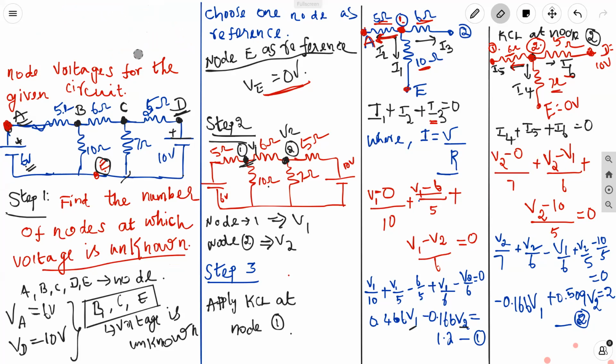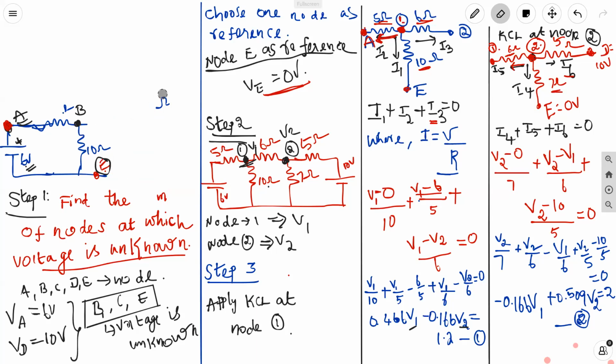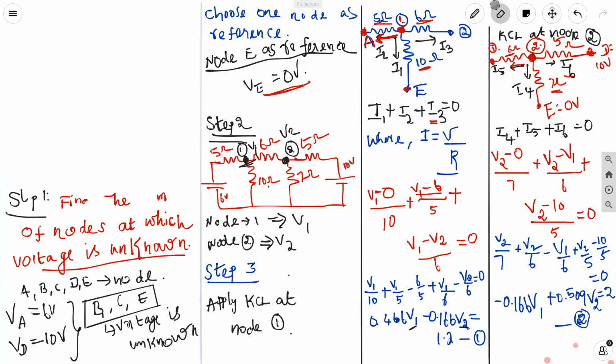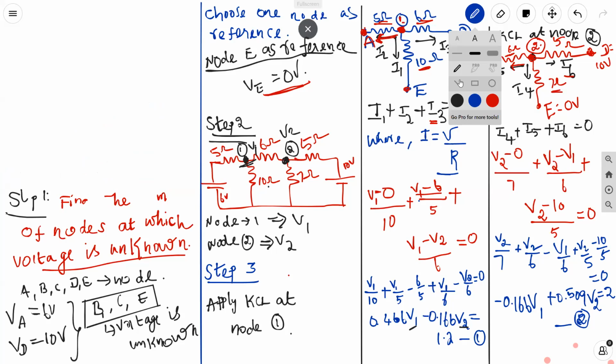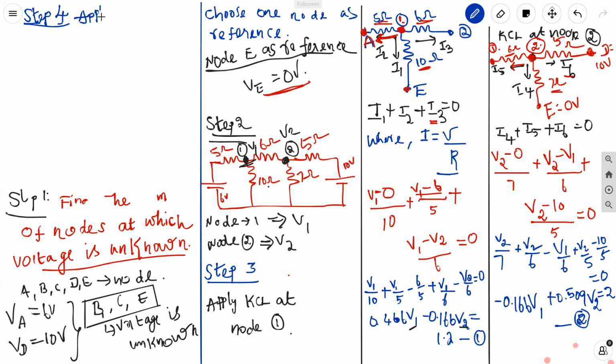Step number 4. Solve equations 1 and 2 and find the voltages V1 and V2. Okay, so I'll apply Cramer's rule again. So let us apply Cramer's rule, step 4, and find V1 and V2.